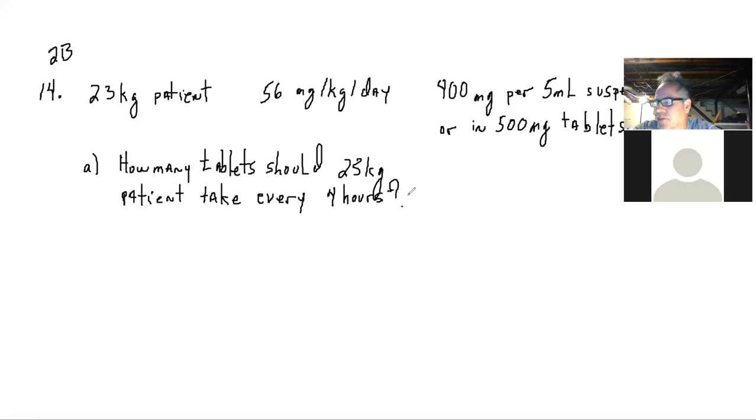The units involved are the patient mass, which is 23 kilograms, your dosage formula, the milligrams per kilogram per day, your tablet dosage, which was 500 milligrams per tablet. And the units expected is going to be tablets per 4 hours.